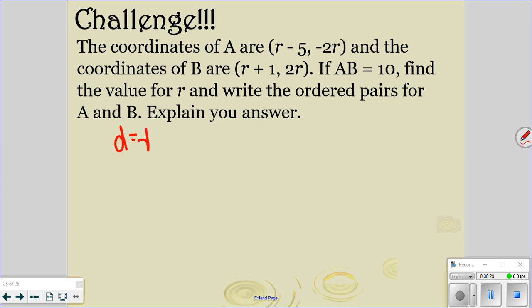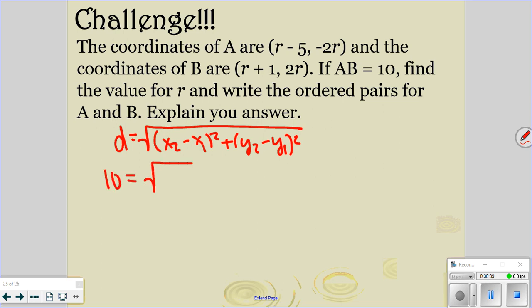So you're going to use your distance formula here. The distance they told us was 10. So our x value is r minus 5, and then minus r minus 1.